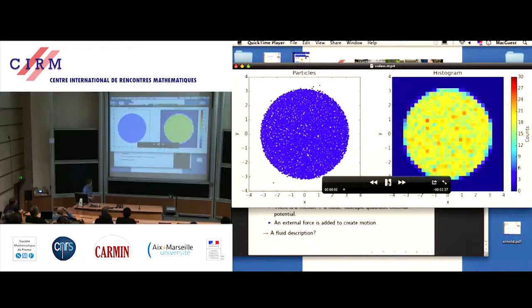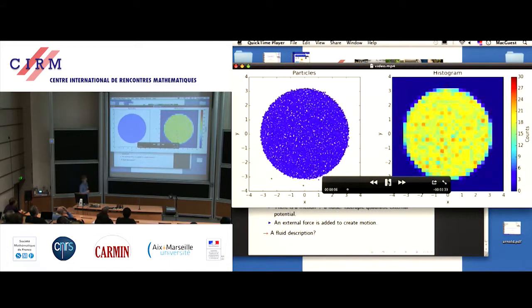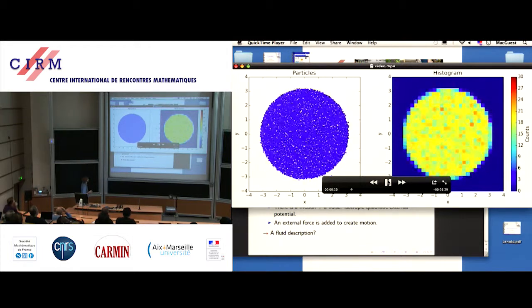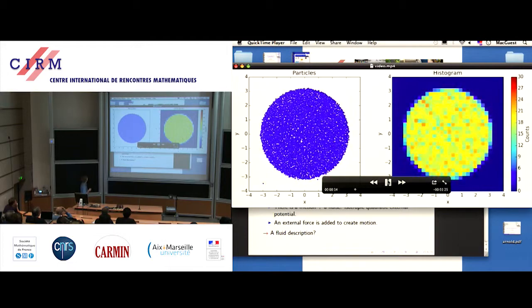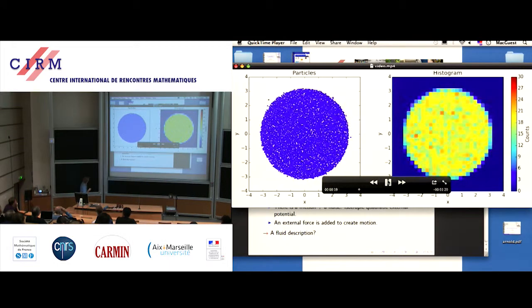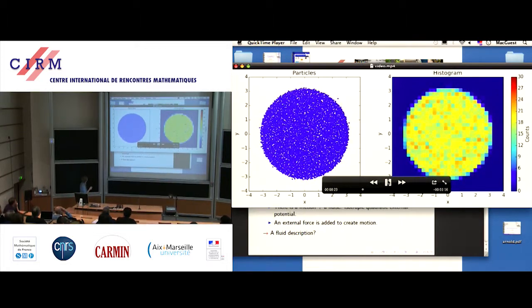Okay, so these are the particles there. These are 2D simulations. Otherwise, we don't see much. And this is just a histogram of the density. So you see, the density is pretty much constant in a ball, so in a disk here. And now there's an external force that's pushing somehow, so you can see a rotating motion.